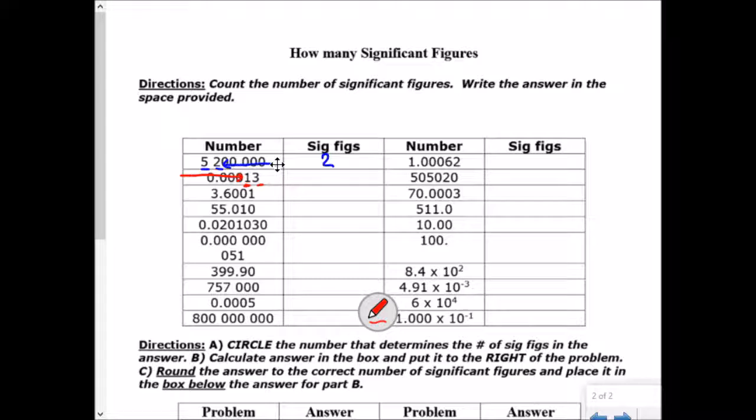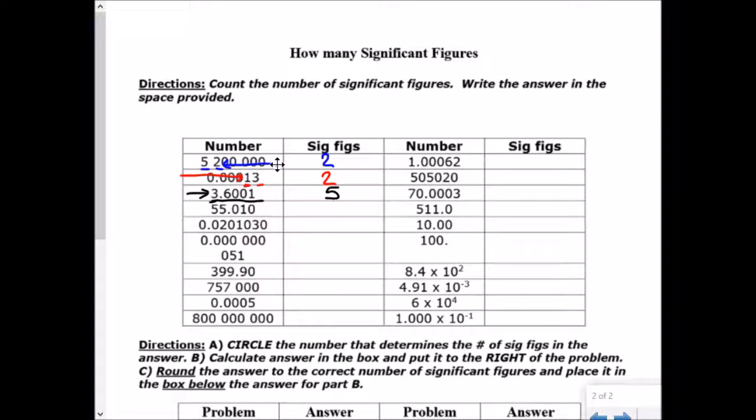How many does that one have? 2. How about this one? 3.6001. Which way do you start? Does it have a decimal point? So it's left. Go to the left. First non-zero is the 3. Now everything after it counts, that one has 5. Okay? Kind of get it?